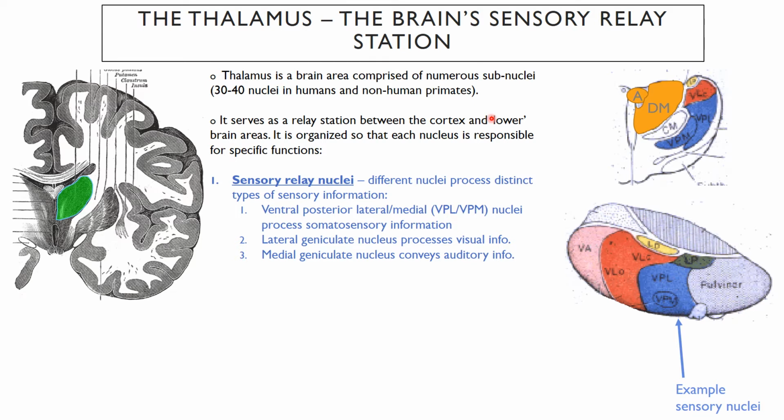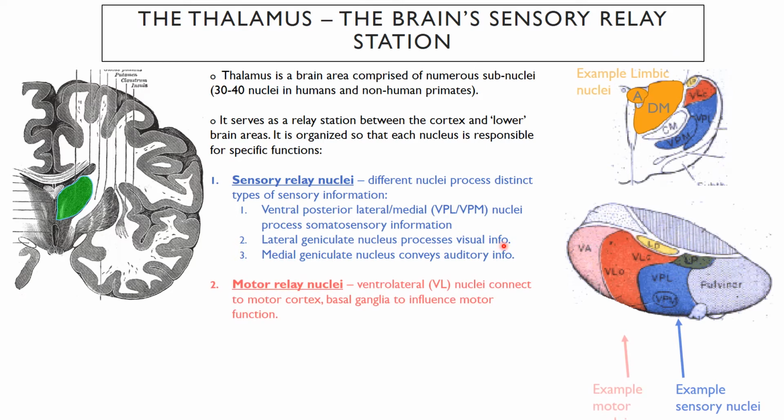Okay. So first is sensory relay stations. And there are different sensory relay stations that process auditory information, somatosensory information, but also visual information, such as the lateral geniculate nucleus. There are other subnuclei that act as motor relay, including the basal ganglia, as well as the motor cortex.